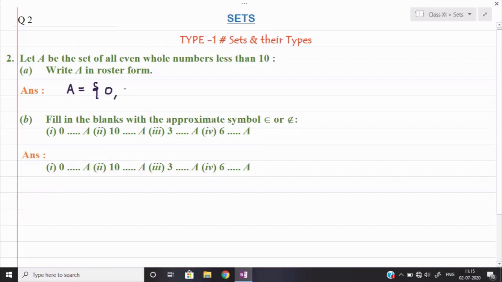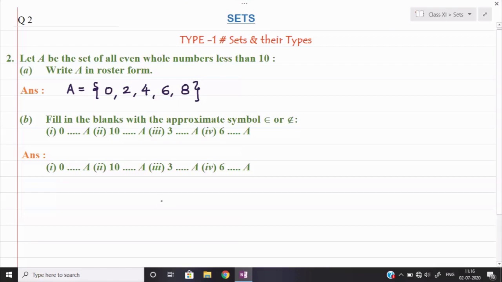Then after 0 comes 2, after 2 comes 4, then 6 and then 8. We will go up to 8 because they are saying numbers less than 10 are required. They did not say less than or equal to 10. If they said less than or equal to, we would include 10 also. Otherwise we take till 8 only.